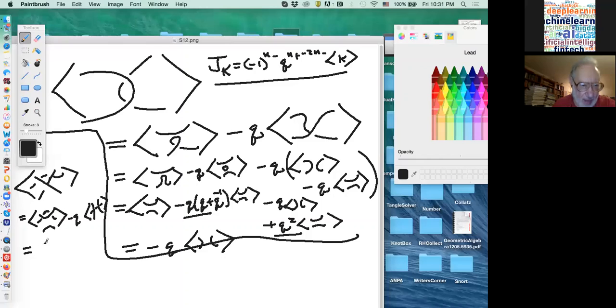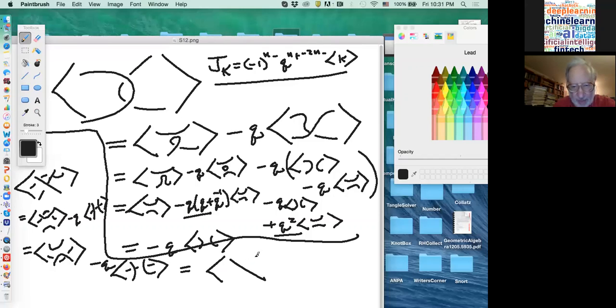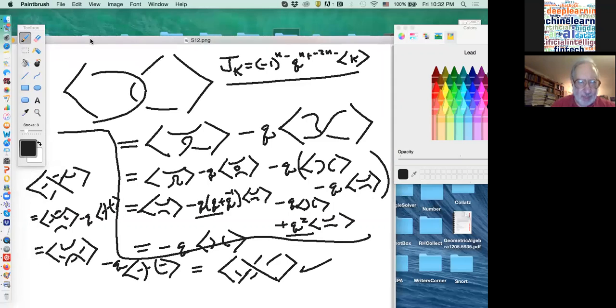So after you pull it back and put it back in and get it down there, nothing has happened at all. Minus q times the other guy. And then this is just exactly what happens if you expanded it at the line below. And so it's invariant under the third Reidemeister move, and it has a little odd shifting change under the second Reidemeister move. And that's what happens to this new bracket under Reidemeister moves.